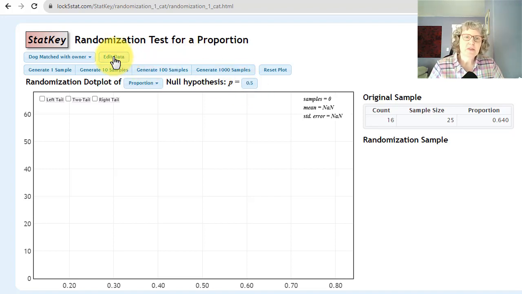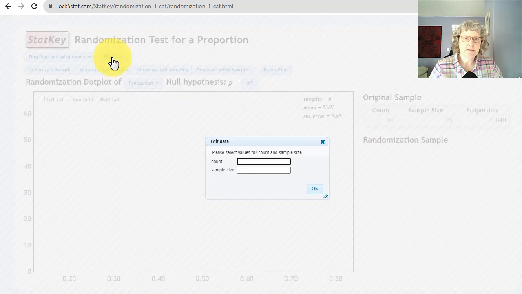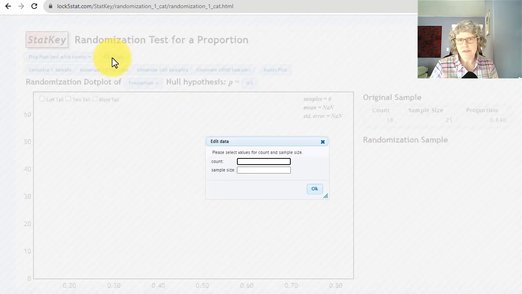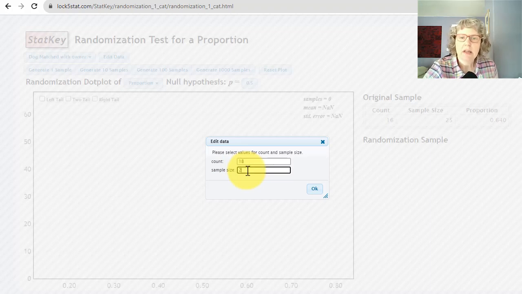People are just randomly assigning one word with one shape. And then I'm going to click on Edit Data, because we do have to put in our sample size first. We wouldn't always have to put in our observed statistic in the beginning, but here we do because we need that sample size. Remember, our observed statistic was 18 out of 25. So I'm going to put 18 for the count and 25 for the total.